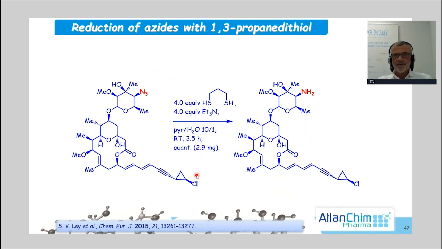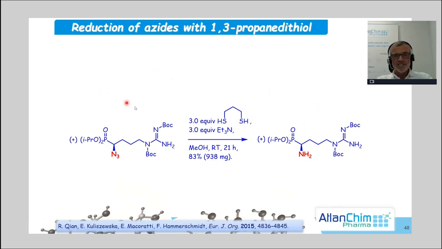Reduction of this compound by hydrogenation was, of course, unsuitable due to the presence of several unsaturations here. Attempts to use Staudinger reduction led to poor isolated yields and various side products.